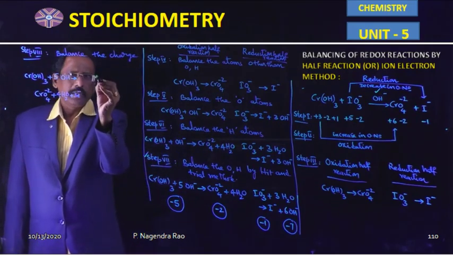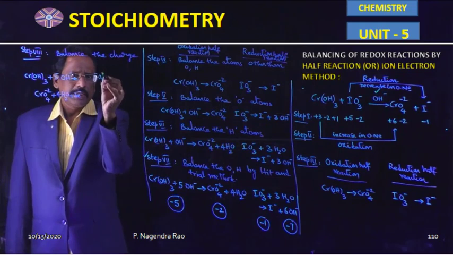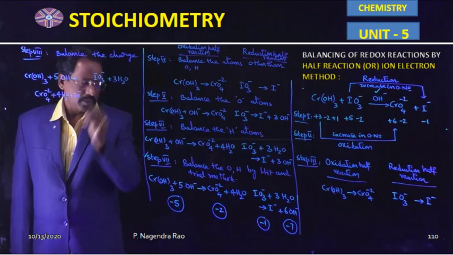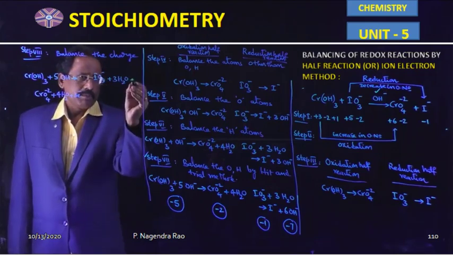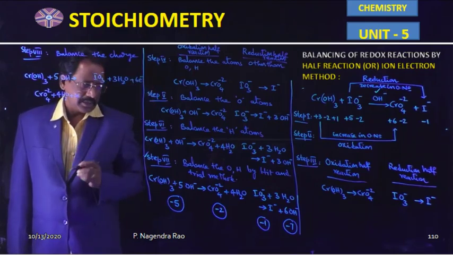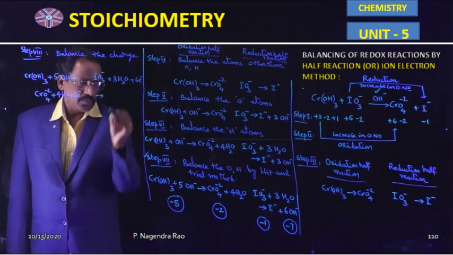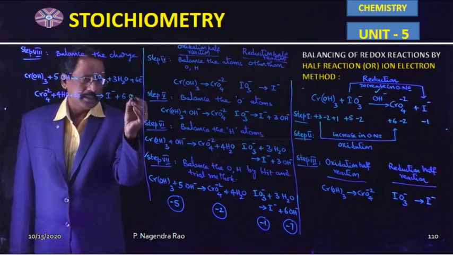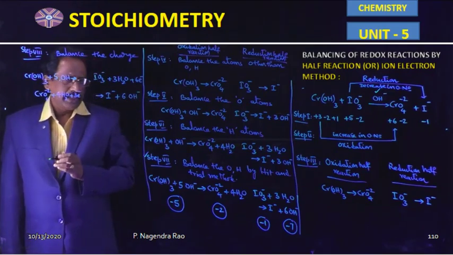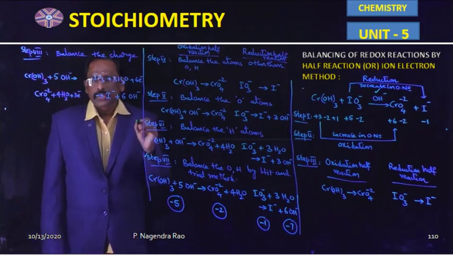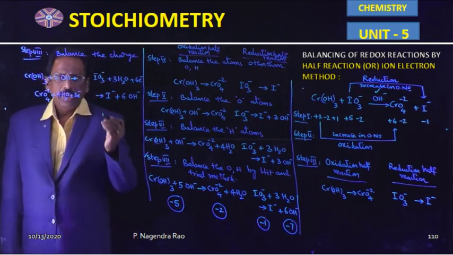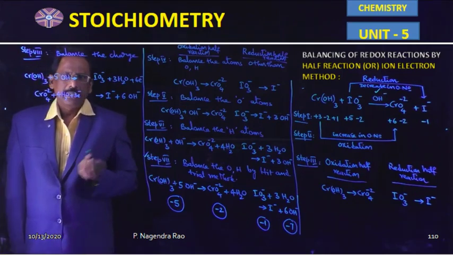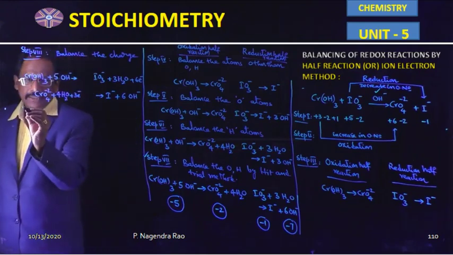So IO3⁻ plus 3H2O plus 6 electrons gives rise to I⁻ plus 6OH⁻. So in these two half reactions, both the atoms and charge are balanced.